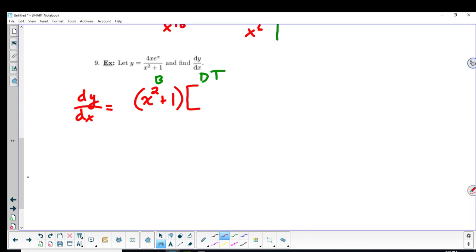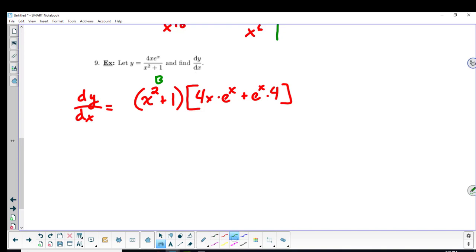So what is the derivative of the top? Now we're going to do a product rule. So I'm just going to work it out over here. So how do I do the derivative of a product? It's the first times the derivative of the second plus the second times the derivative of the first. All of that is the derivative of the top.